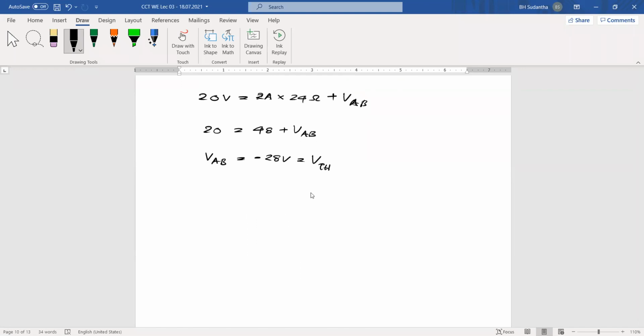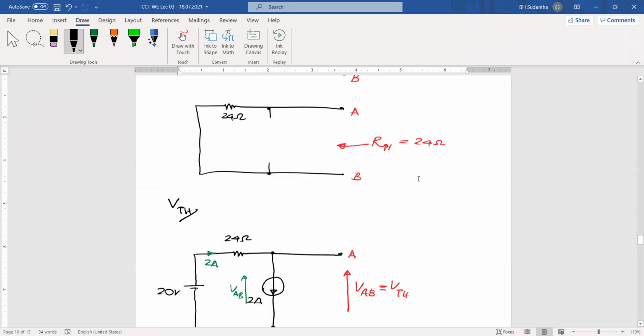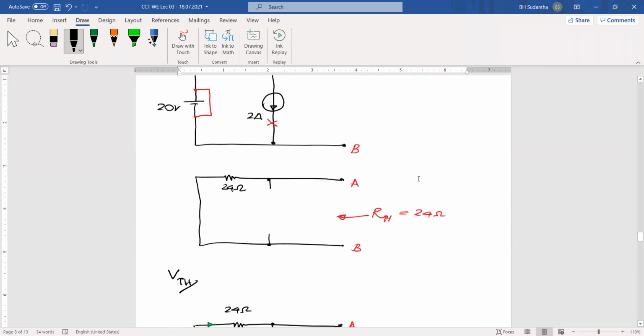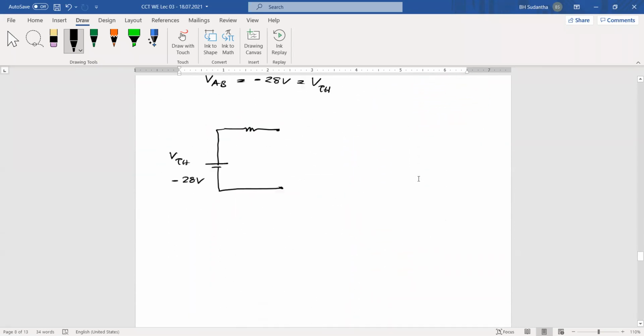Then we can draw the circuit again. This is VTH. It's minus 28 volts. Then this resistor is 24 ohms like that. RTH is 24 ohms.